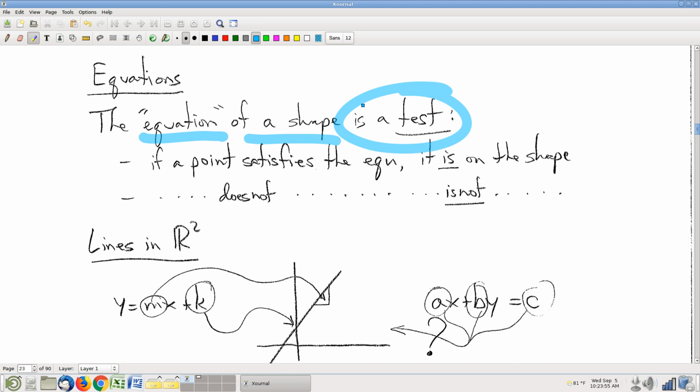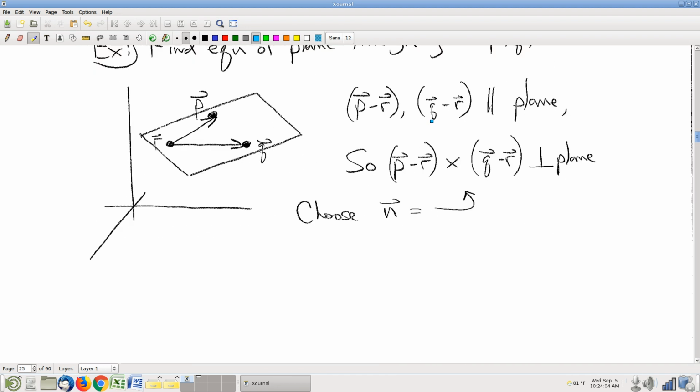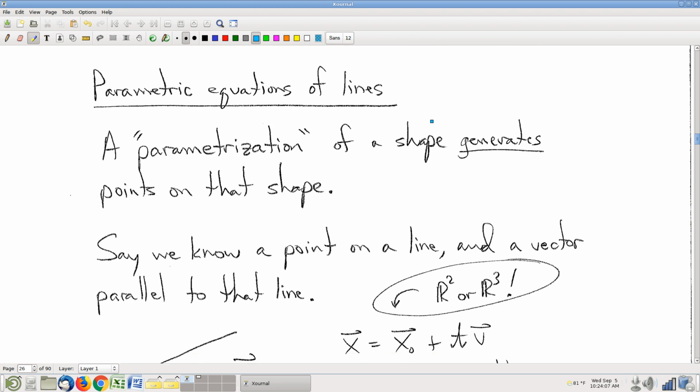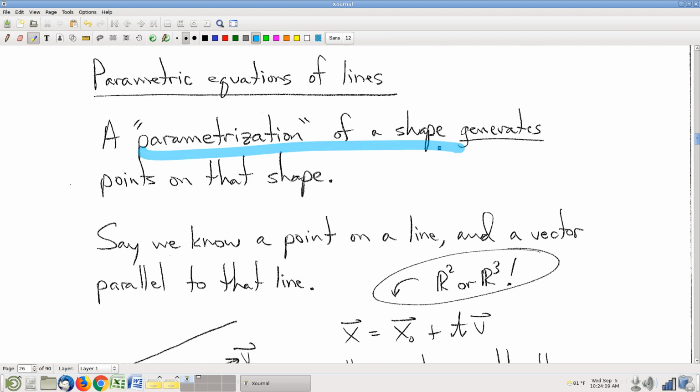Okay. So now I'm going to show you a different way to connect algebra and geometry in the context of these kinds of shapes. I'm going to tell you something called a parameterization of a shape. Now, it's going to involve the equal sign and thus equations, kind of, sort of, but in a very different way. So as a result of this, I really don't like calling this the parametric equation, parametric equations of a line, or many other things we'll talk about.